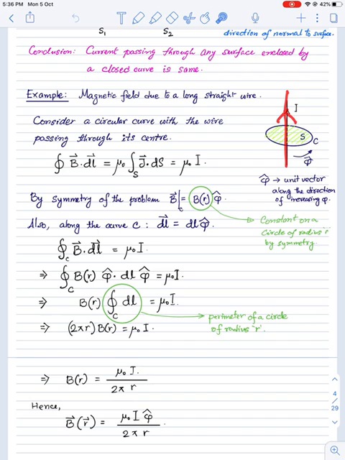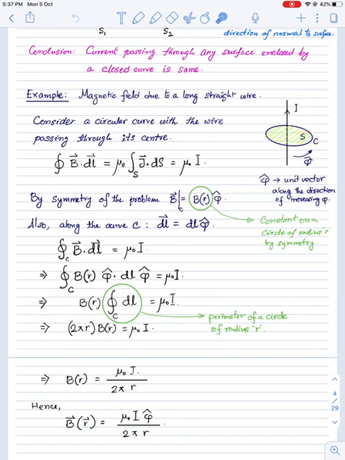For instance, let's say you have this infinite conductor. There's an infinite wire which is conducting some current I. Then by rotational symmetry, you would know that the magnetic field that this creates should not depend on this angle phi, and it should only depend on the distance of the point from this wire.